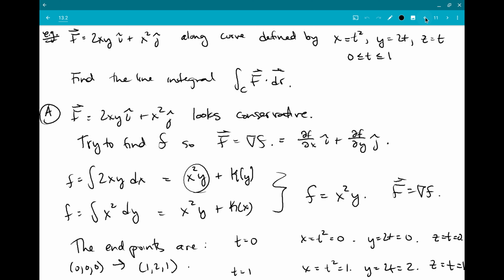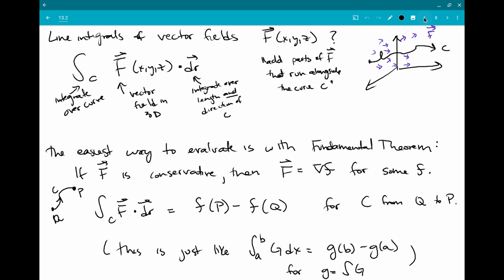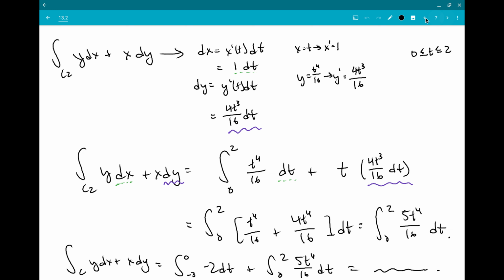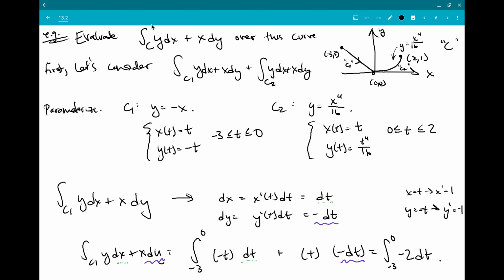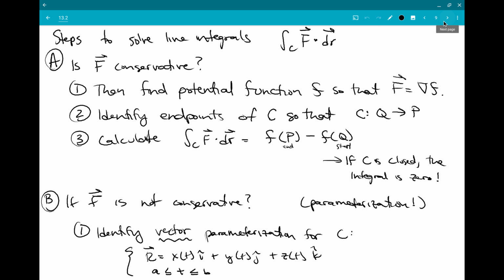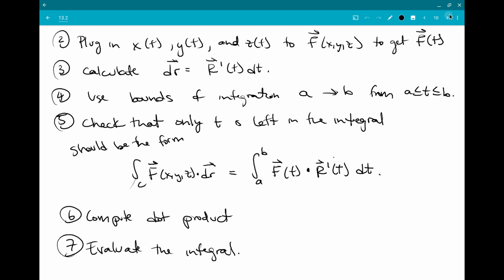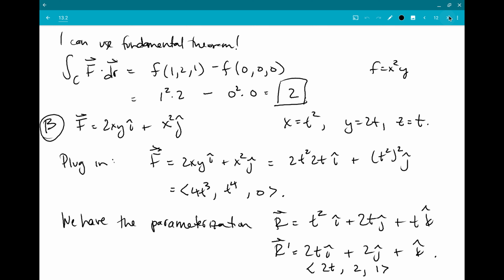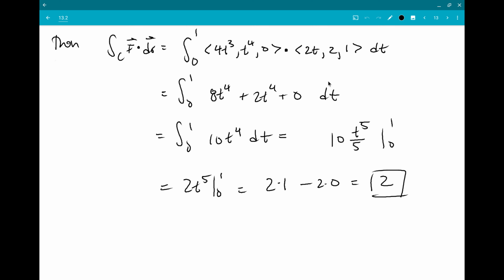And the way we're going to see that is by going back to this example, y dx plus x dy over that curve. I think the curve is a picture in your book, so I can pull that up separately. Okay.